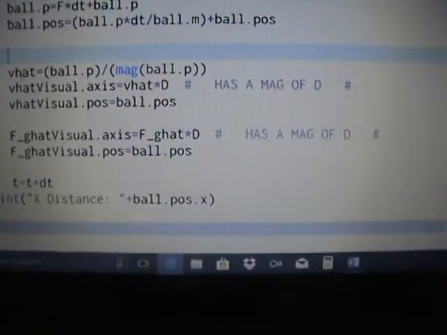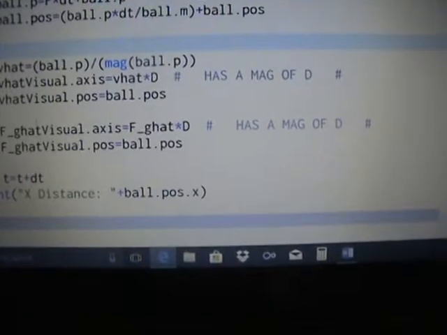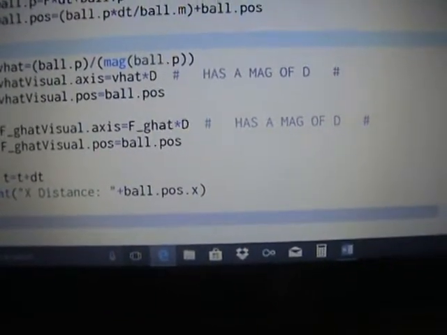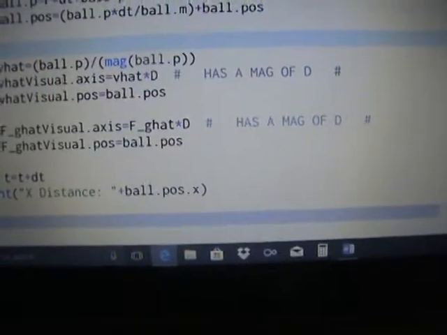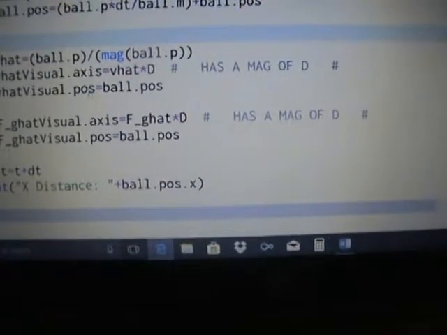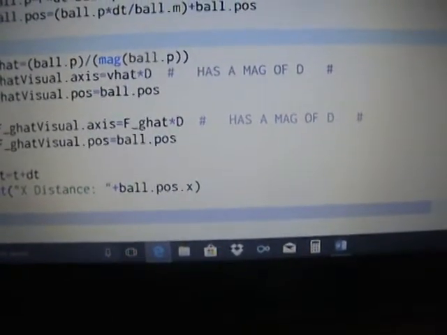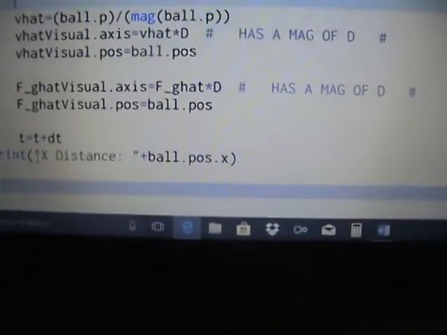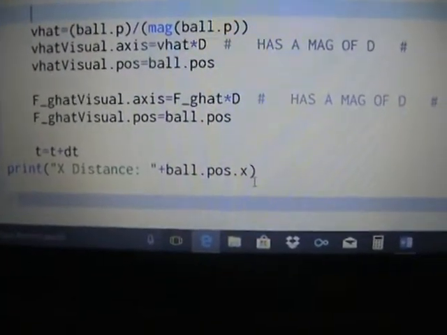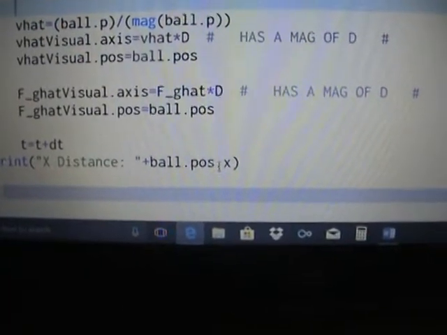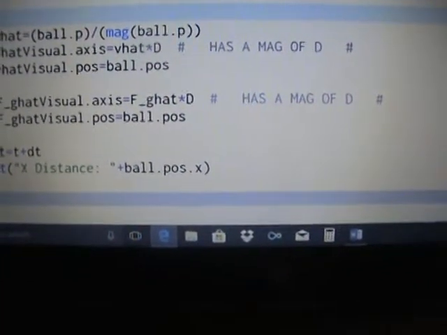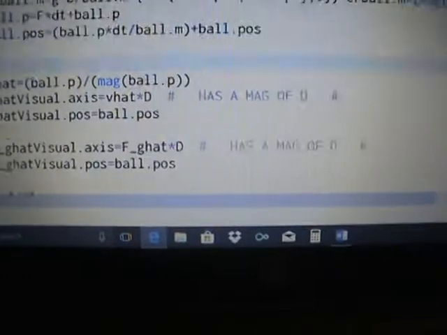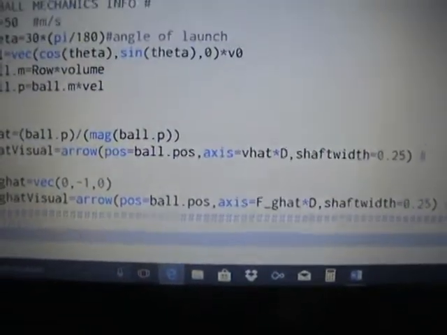This right here is just the V hat and the force of gravity hat, just arrows I've put in to show the directions. Okay, and at the very end I just programmed it to print out the position. The ball.position.x is the x position of the ball. So let me go up to give a little more insight before I run it.